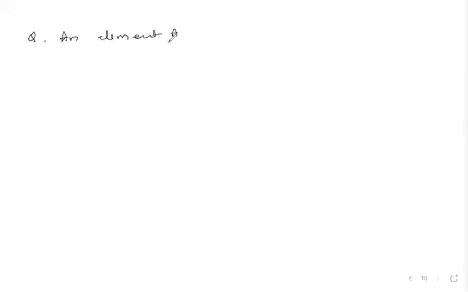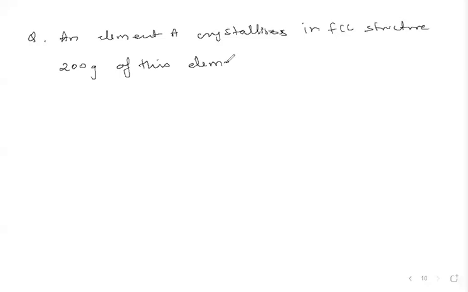The element A crystallizes in FCC structure. 200 gram of this element has 4.12 into 10⁻24 atoms.